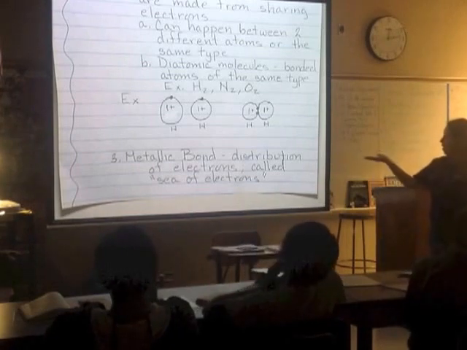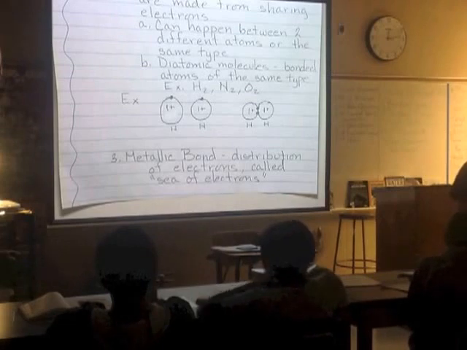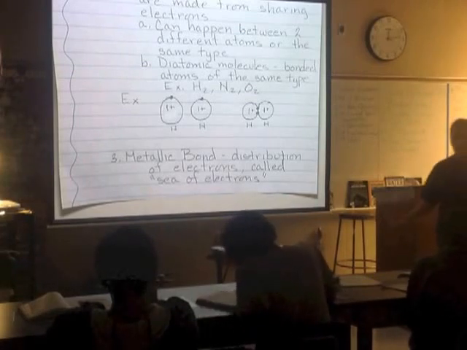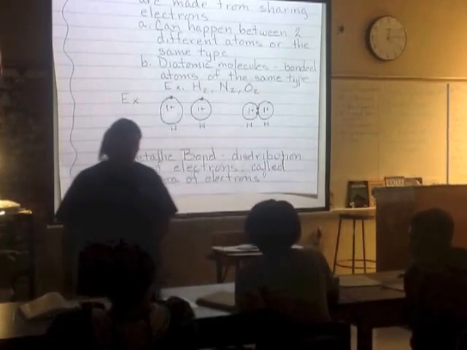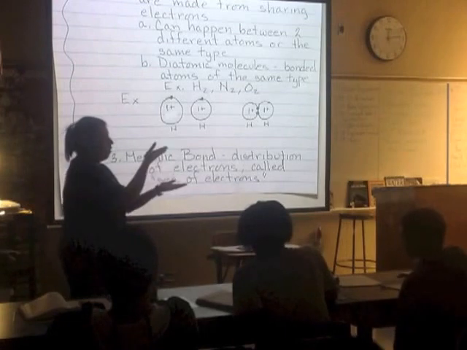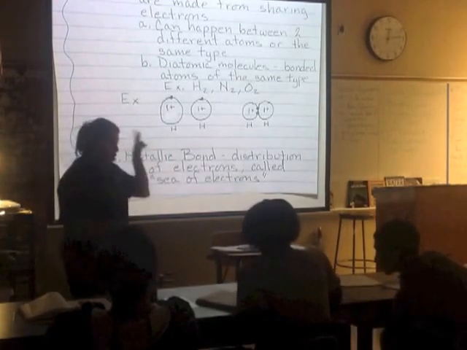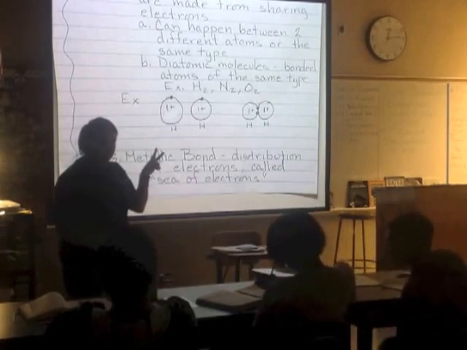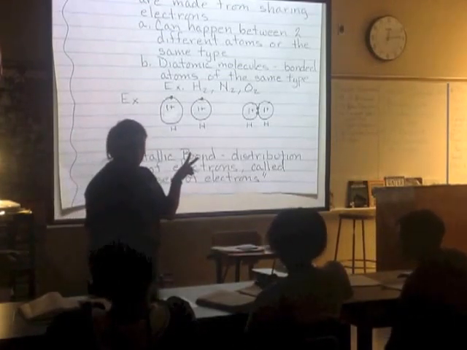Now, by looking at the title, this occurs between what type of elements? Metals. Two metals. For example, let's say beryllium has 2 valence electrons, so it needs either to give away 2 or gain 6, right?